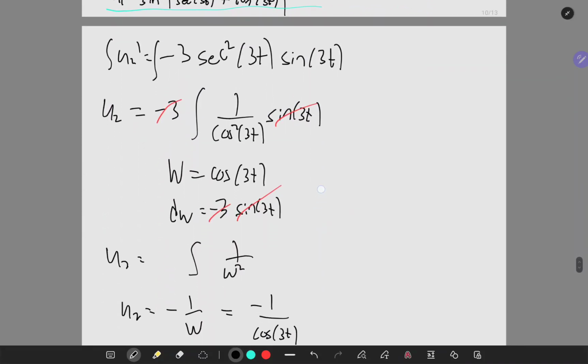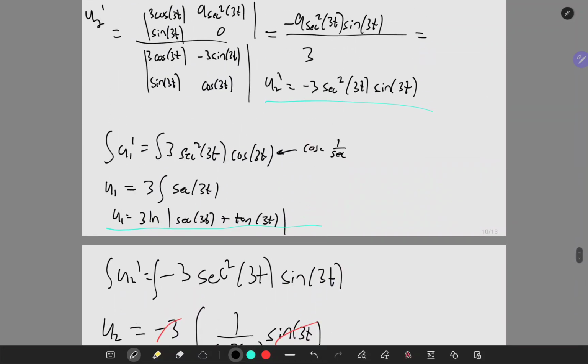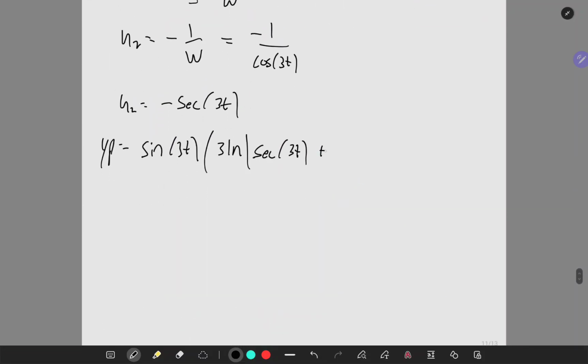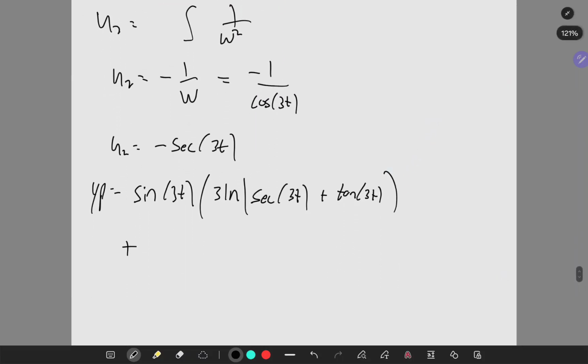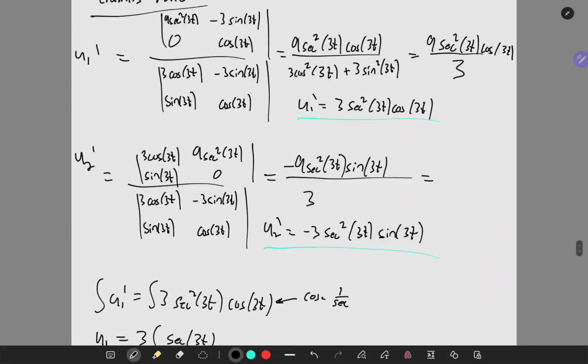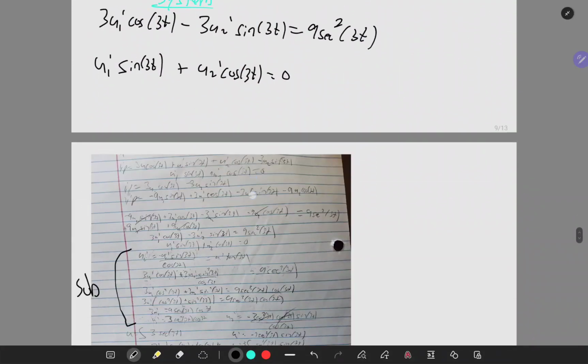Natural log secant of 3t plus tangent of 3t. Ew. Plus, I guess that'd be, yeah, because we come minus, and then it was u2 cosine 3t.